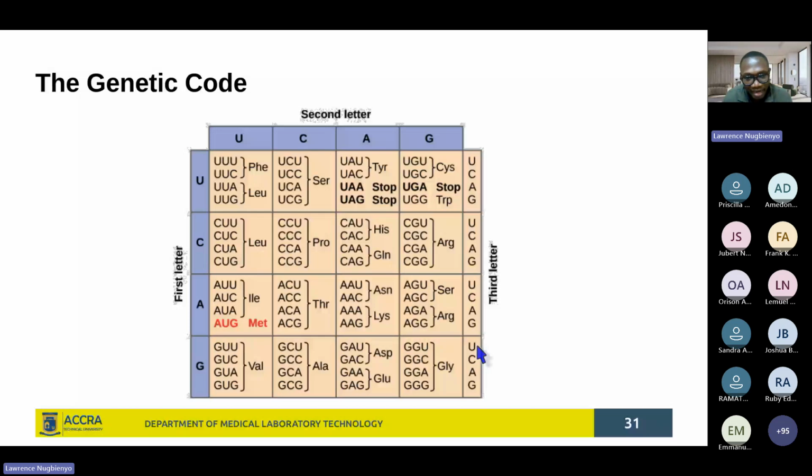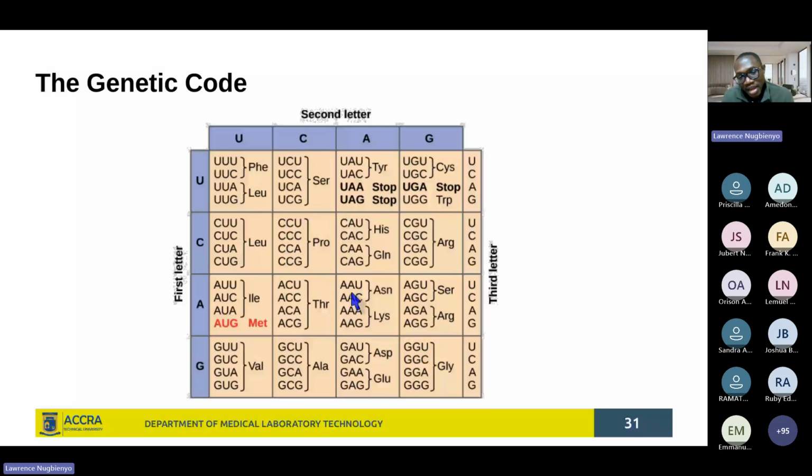So you first mark the triplets, then you begin to look at each of those triplets and the corresponding amino acids that you find in the genetic code table. And that is how you can determine such an amino acid sequence. But you don't go cramming this into your head. No, I mean, please, nobody should waste his or her time doing such a thing.